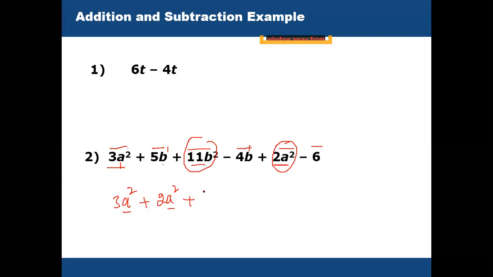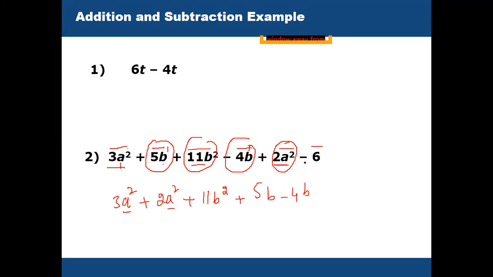So write down here 11b square because we don't have another like term of b square. Next one, we have 5b power 1 and this one also minus 4b power 1. So write down 5b power 1 minus 4b power 1. Next, we have only a constant number. This one is minus 6.